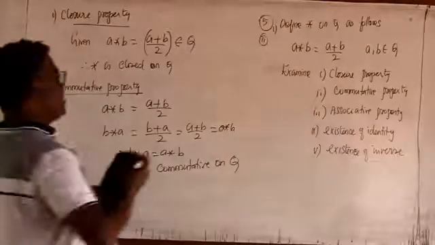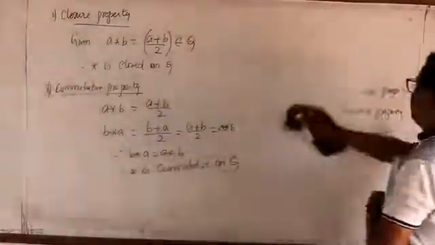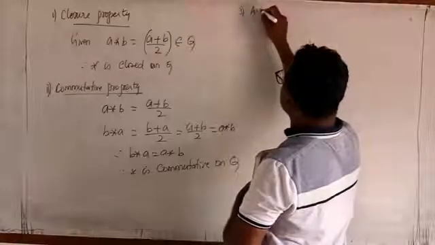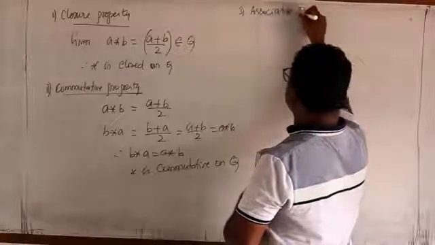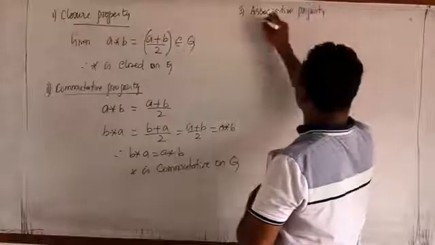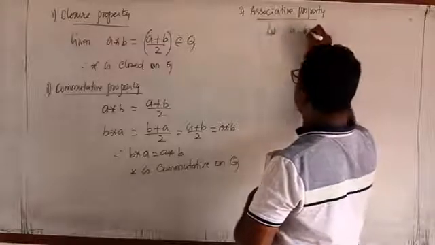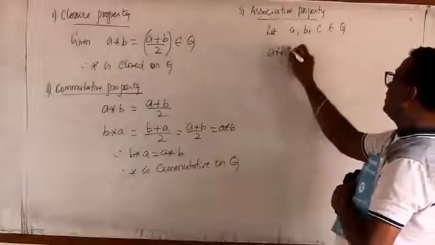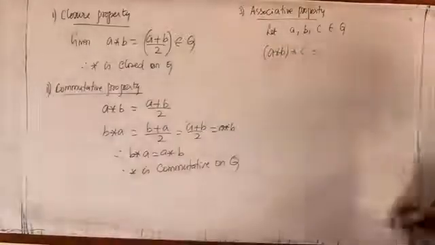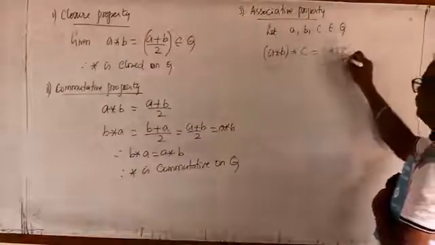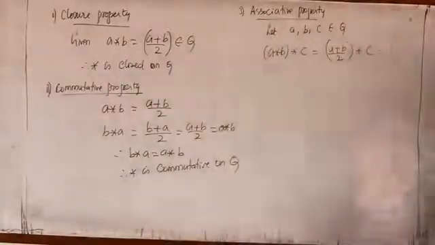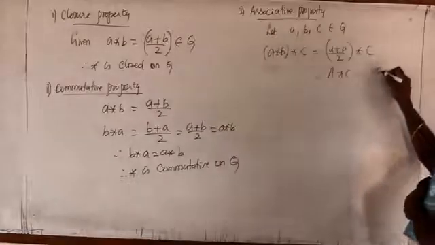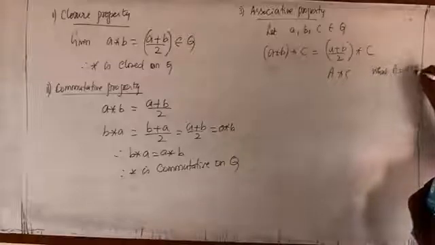Now, we shall go for associative property. Remember, the operation is A star B equal to A plus B by 2. Third one, associative property. Let A, B, C belong to Q. Then A star B star C means, we know it is A plus B by 2 star C. Suppose you are not able to follow, I can give some other name. So let this capital A be A plus B by 2.